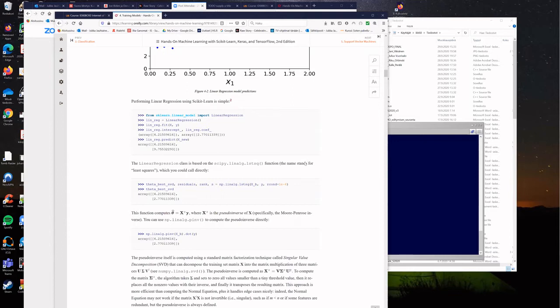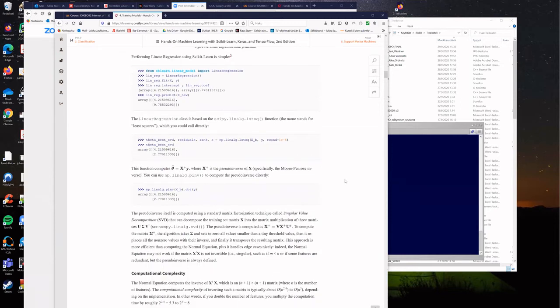So there are ready-made functions in this scikit-learn package, where, for example, the least squares function can be found. You just input the x's and y's and it gives you the result.